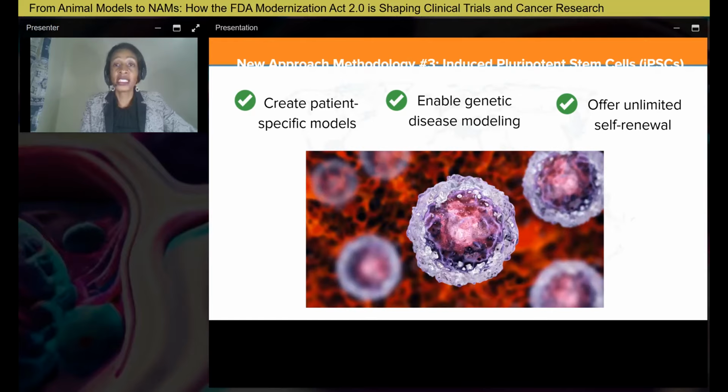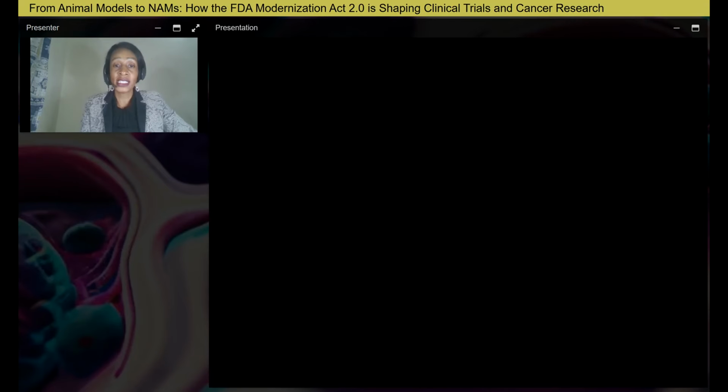In addition, these cells offer unlimited self-renewal capabilities. And this means that they provide researchers with a quote-unquote limitless supply of biological materials for use in the preclinical phase. So it's important to note that these same cells are used as the basis for organoids as well as organs on a chip.